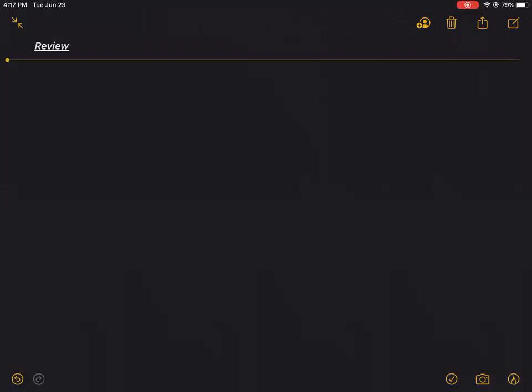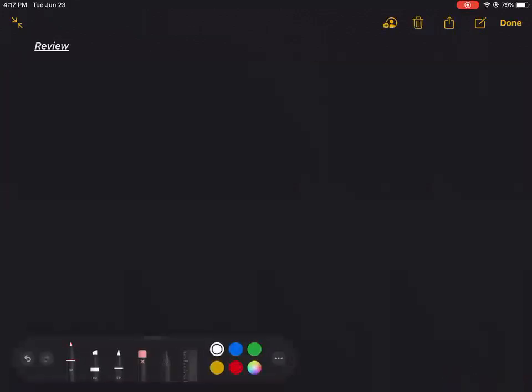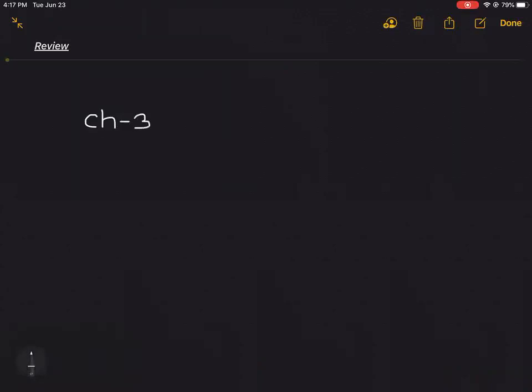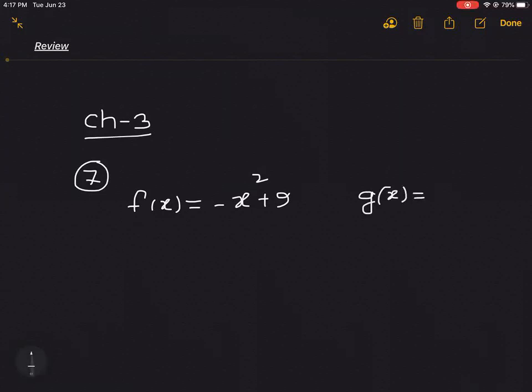Okay, so the question says, if you have that in front of you, complete parts A to D for the functions f of x equals negative x squared plus 9, and g of x is negative 2x plus 1.